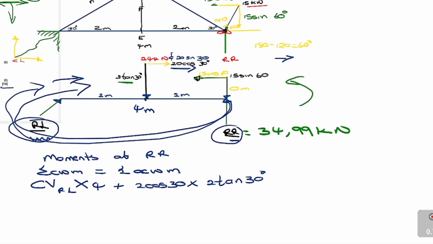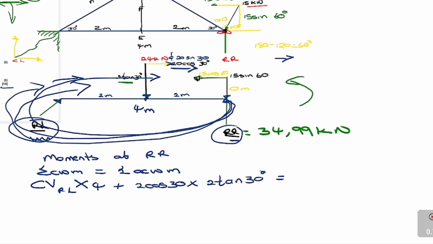It is acting in that direction. Now that is the clockwise. Those are the forces that are acting in the clockwise direction, right? And equate it to the anti-clockwise moments. You will have to look at the forces that are acting in the anti-clockwise direction, right?